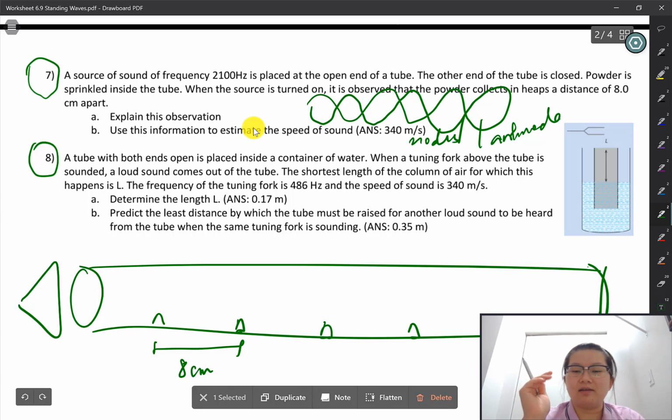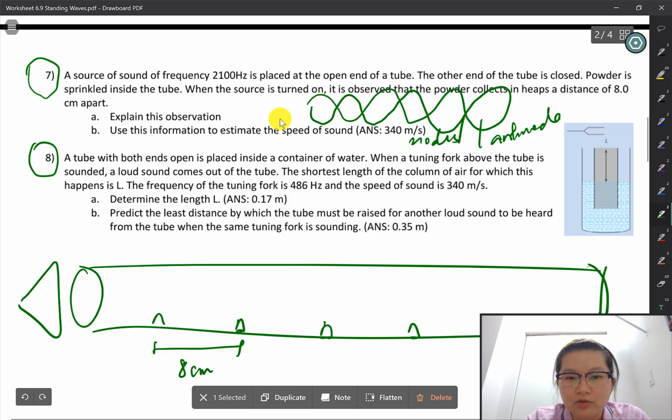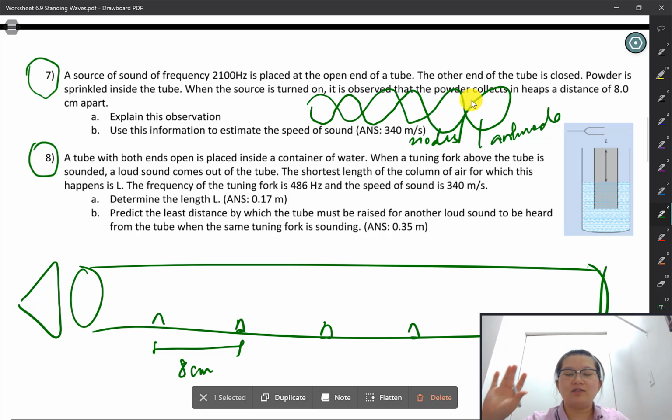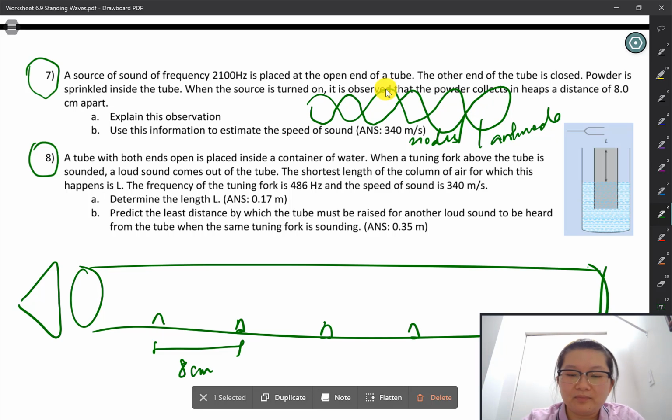Imagine you're a little person walking through this standing wave, and the standing wave just continues to oscillate up and down. If I'm walking through here, I'm going to hear no sound, maximum sound, no sound, maximum sound, no sound, maximum sound, no sound, etc.